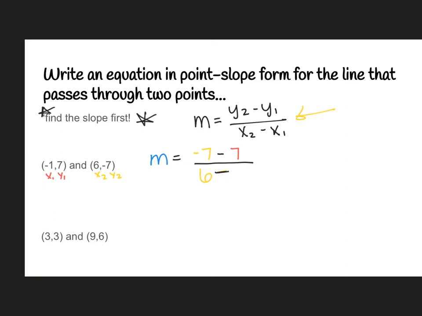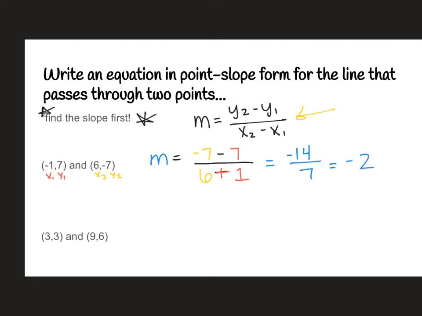And x1 is -1, so it's going to turn into a plus 1. -7 minus 7 is going to be -14. Getting more negative, over 6 plus 1 is 7. We're going to divide, that's -2.